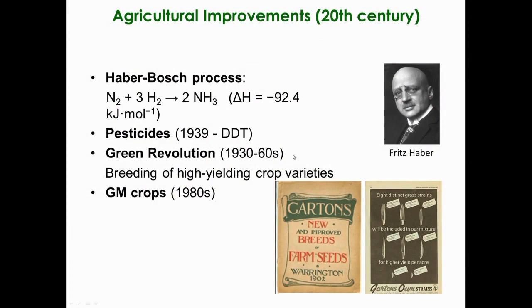And the Green Revolution was this long-standing programme over a number of decades to give rise to the development of a number of high-yielding crops, which were not only used for domestic use in the USA and Europe, but also, more importantly, this knowledge was transferred to other parts of the world, to South America, to Africa, to Asia. And then finally, genetically modified crops. These were invented in the 1980s and started to become used more widely from the 1990s onwards.